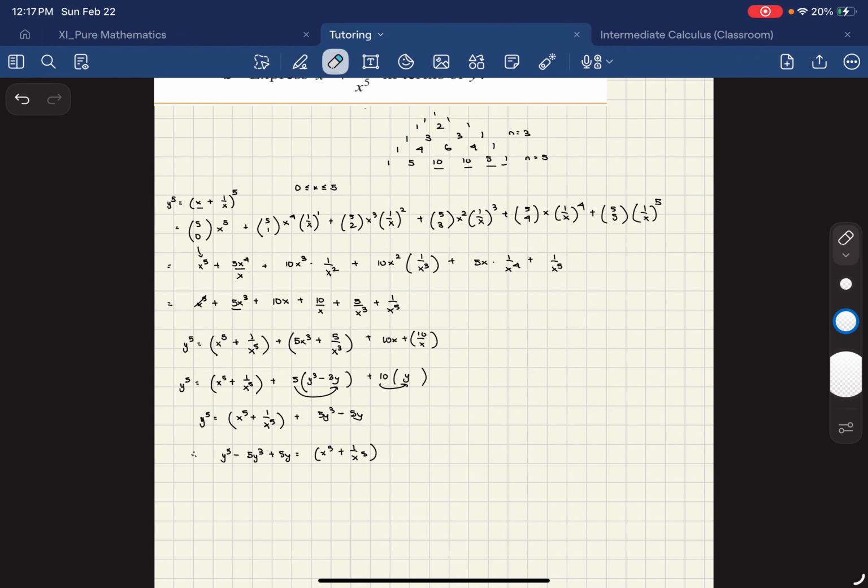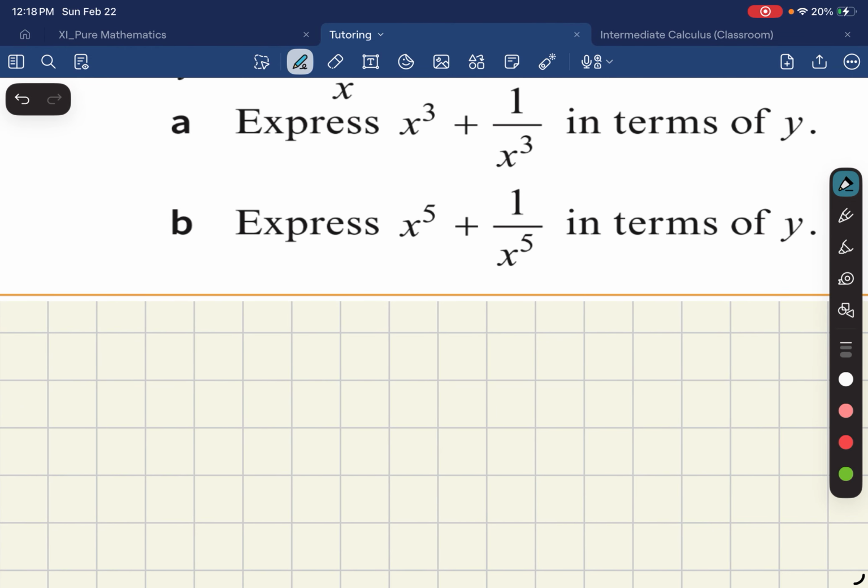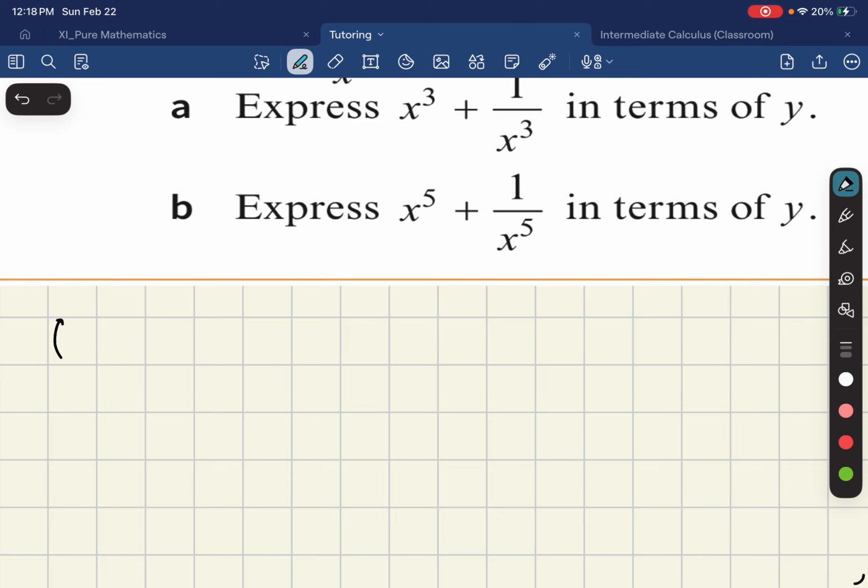Now, from here onwards, let me give you two very important observations. First of all, instead of using Pascal's triangle, which, if your n is very, very big, is not very convenient to use, what we do is we actually use this formula.